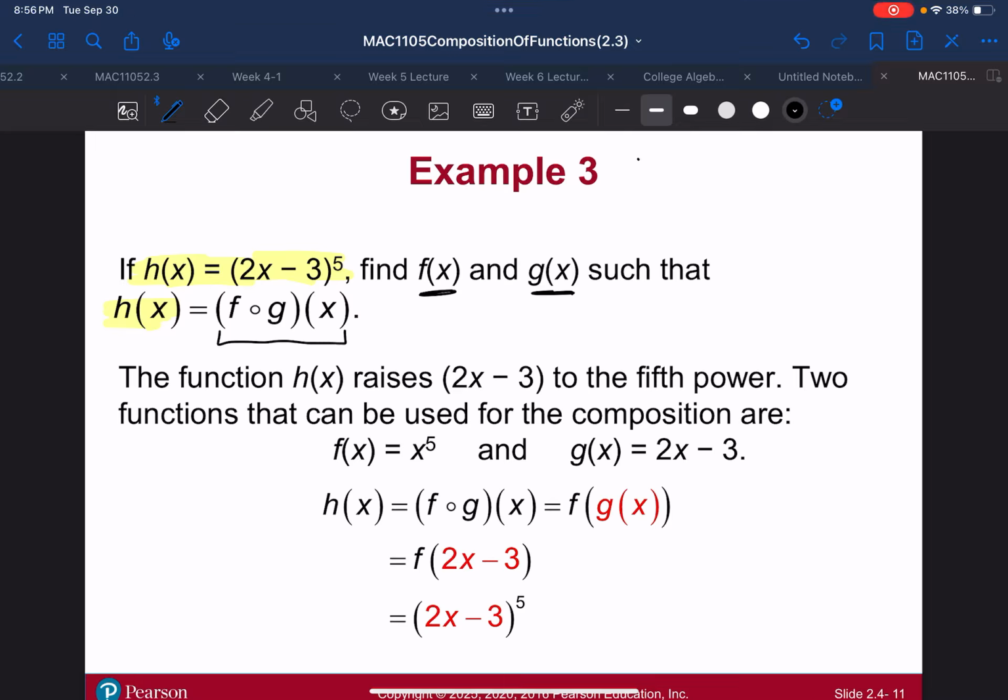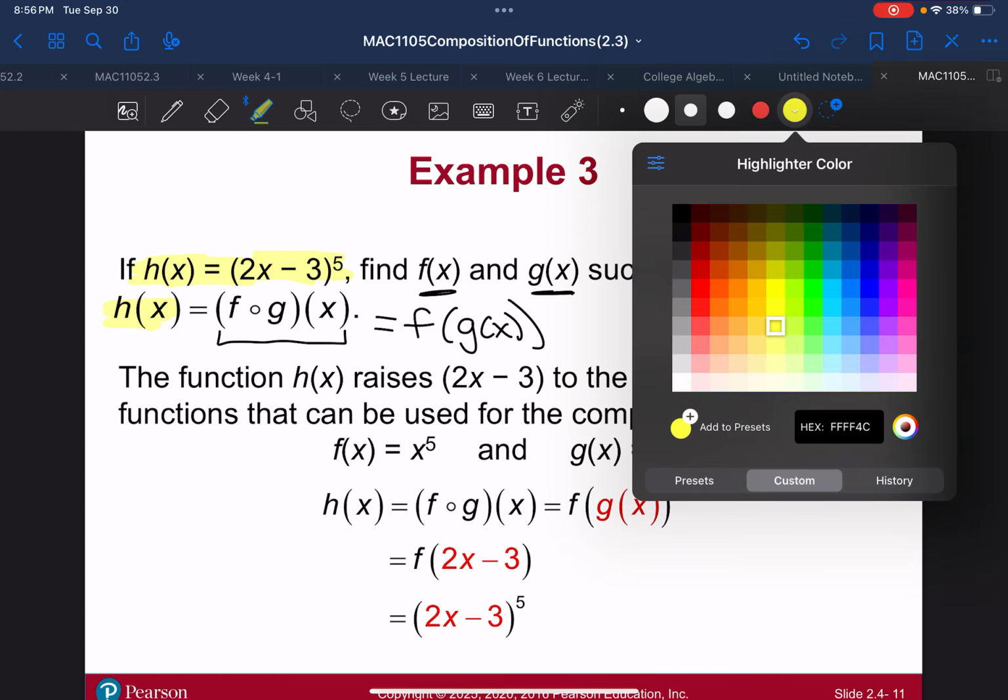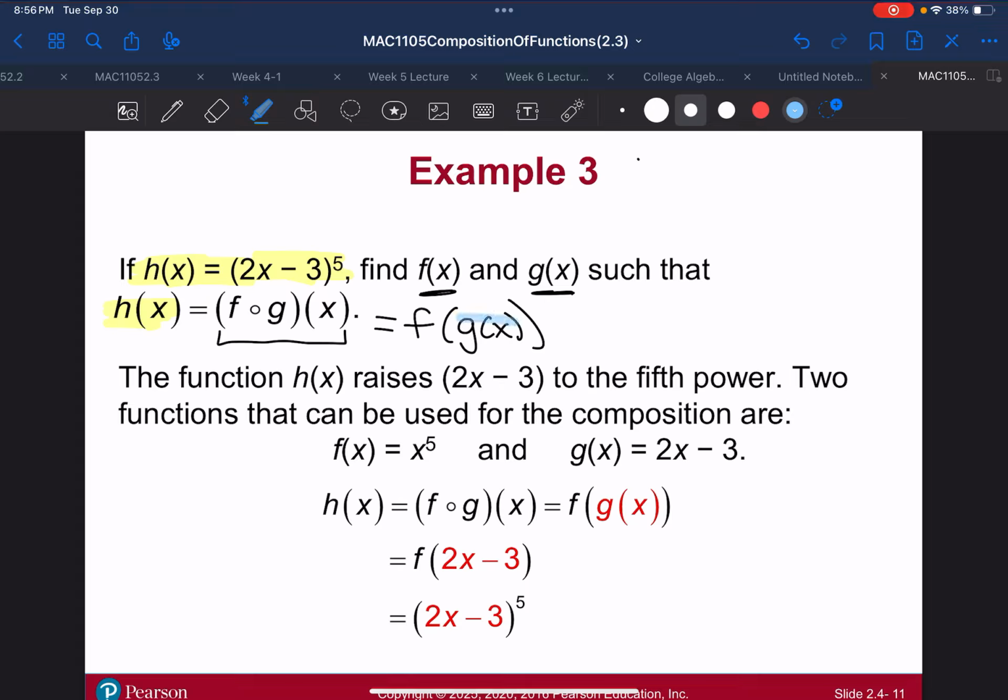And again, remember, this notation means f of g of x. So I'm trying to figure out what g of x could be and what f of x could be in order to create h of x.